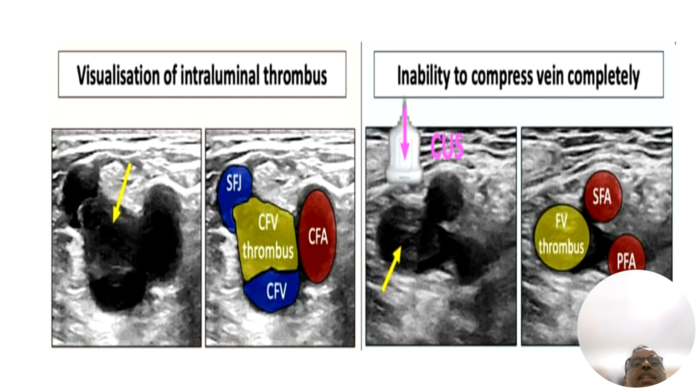Now, if you see this, it classically looks like a Mickey Mouse sign, where we have a saphenofemoral junction and common femoral artery forming the two ears, and then we have the thrombus and the common femoral vein. So this Mickey Mouse sign is classically seen in a deep vein thrombosis on ultrasound Doppler.